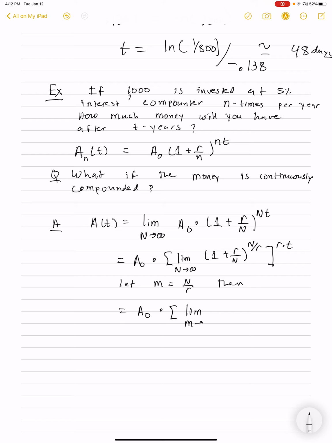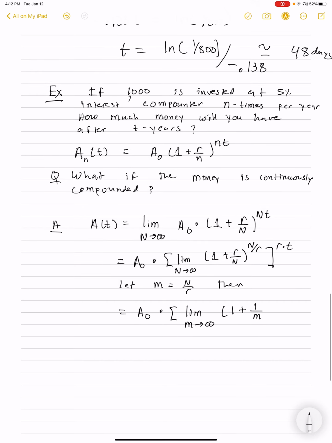So I'm going to have this limit as m goes to infinity of 1 plus, we have m is n over r, and inside this we have r over n, so that's 1 over m, to the power of m, raised to the rt power.